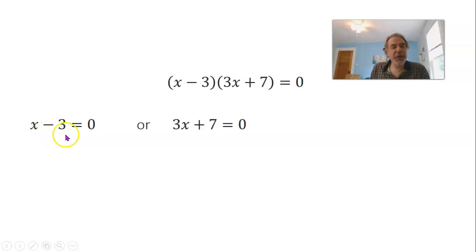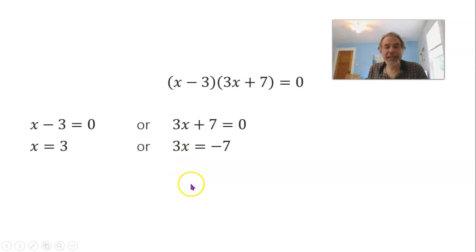And to solve x minus 3 equals 0, I would add 3 to both sides, and I get x equals 3. To solve 3x plus 7 equals 0, first I would subtract 7 on both sides, so that 3x equals negative 7. And then to go from 3x to just x, I would have to undo this multiplication with division.